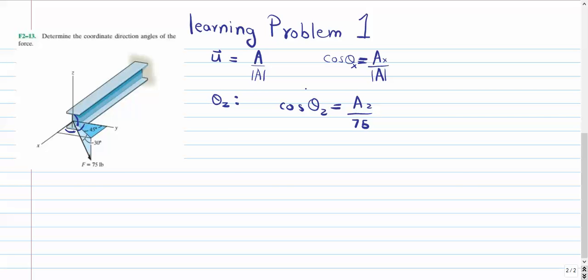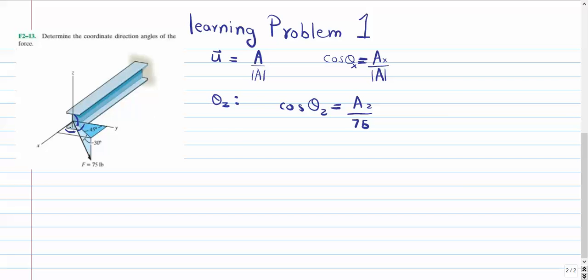Okay, so what I need right now is AZ, or the component along the z-axis, and we can find AZ simply by using the trigonometric identities for cos and sine theta.